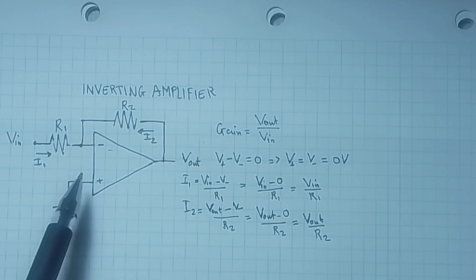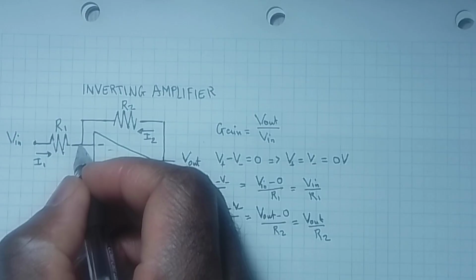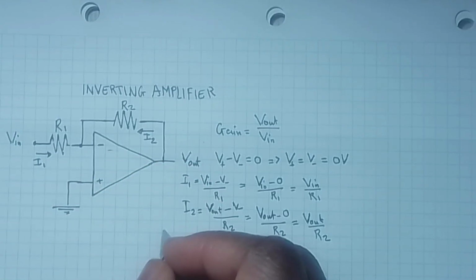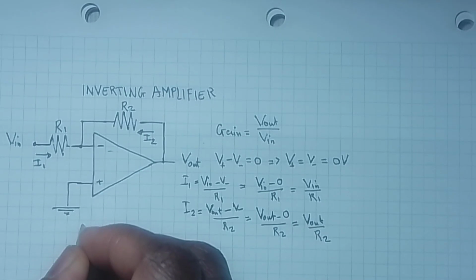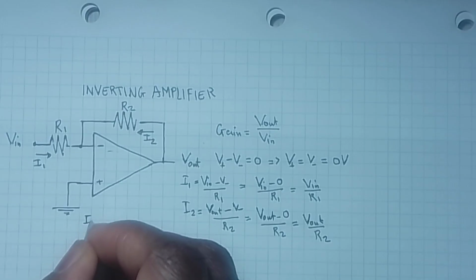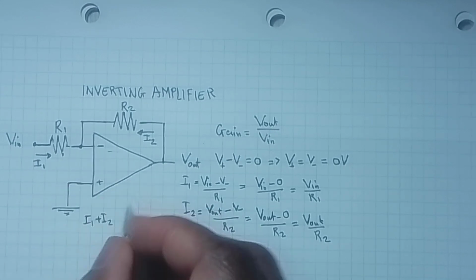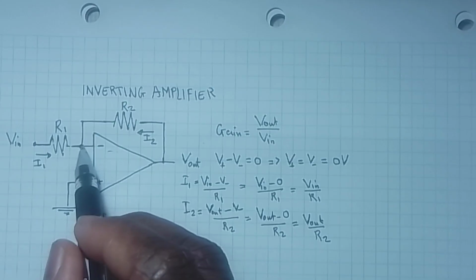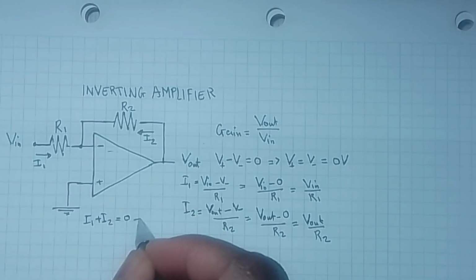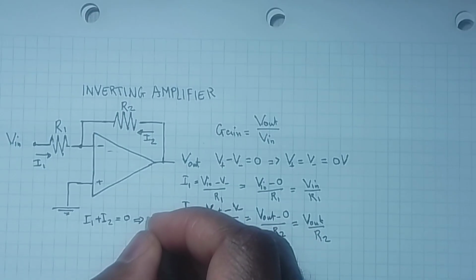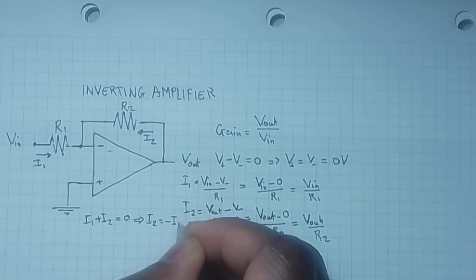Therefore, we can apply Kirchhoff's junction rule at this point to get I1 plus I2 equals 0, because no current will enter here. Therefore, I2 is equal to minus I1.